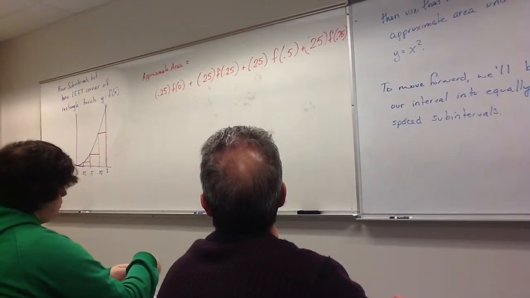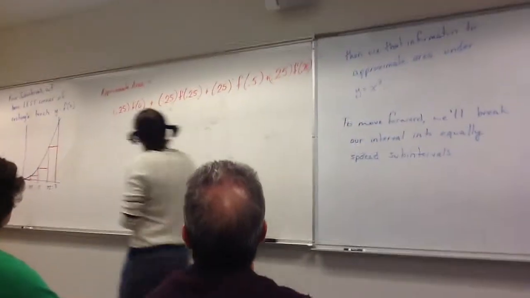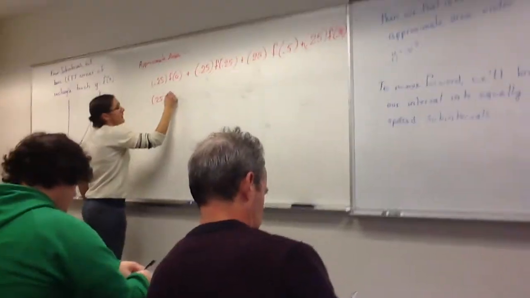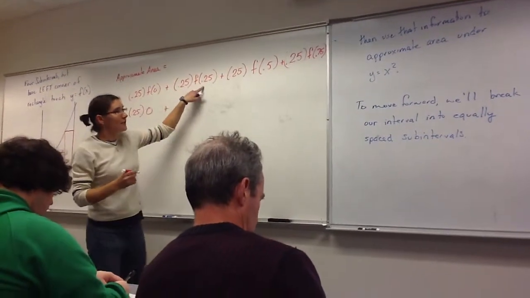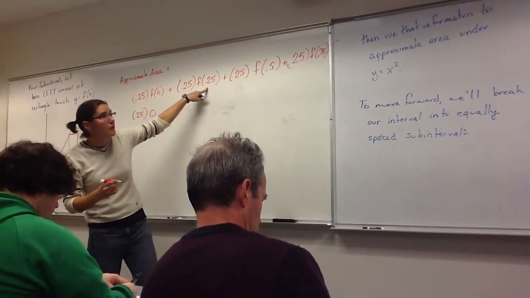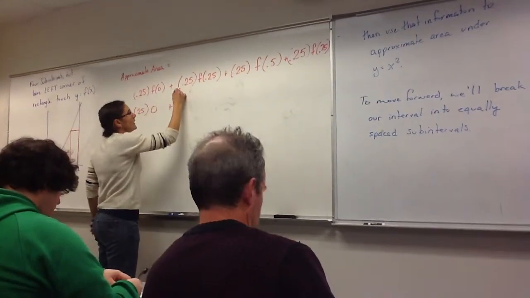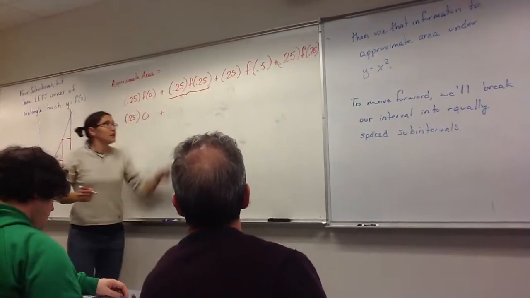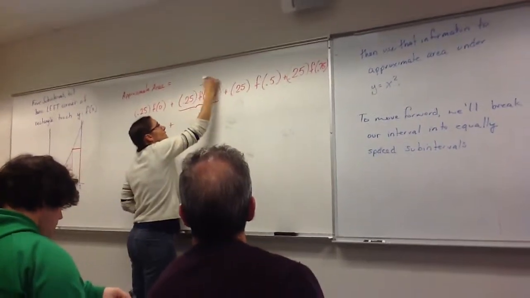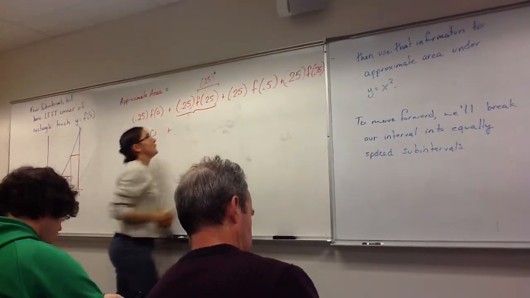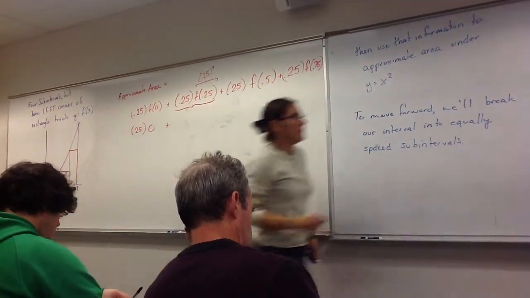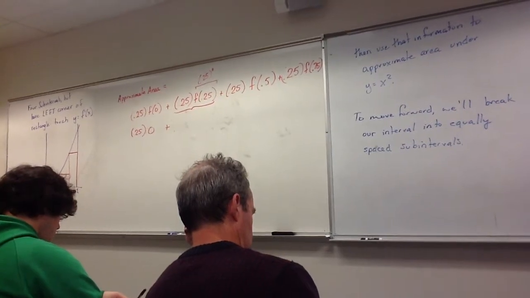Okay. So now I've got this approximate area. We've got 0.25 times f of 0, which is 0. We've got 0.25 times f of 0.25. And that one, we can either recalculate it. Remember, f of 0.25 is 0.25 squared in this example. And you can double check that, but it should be this number right here.